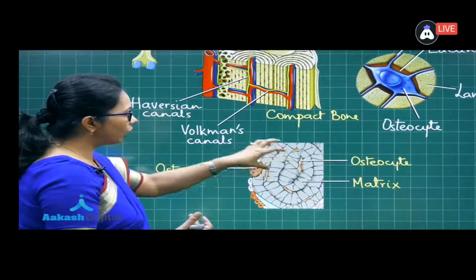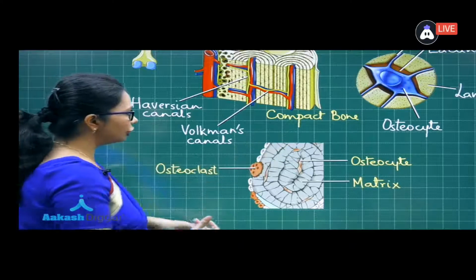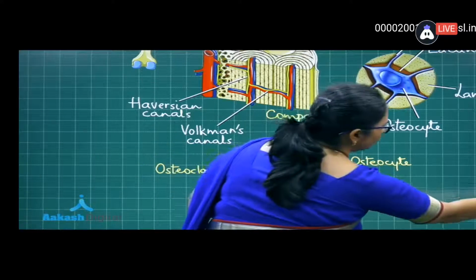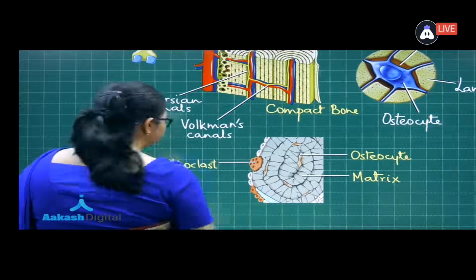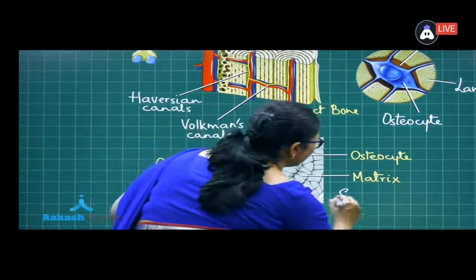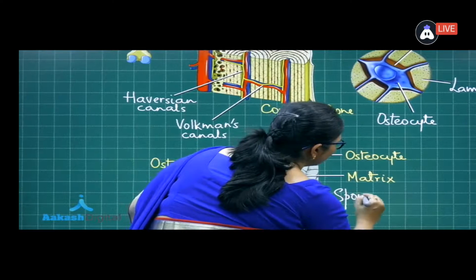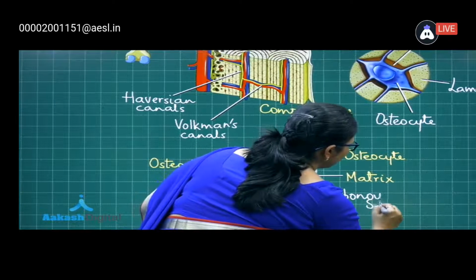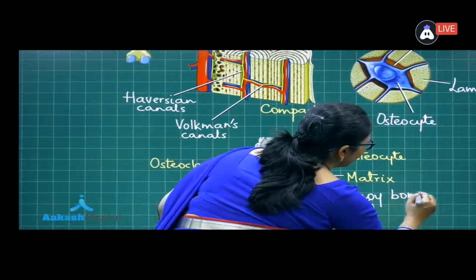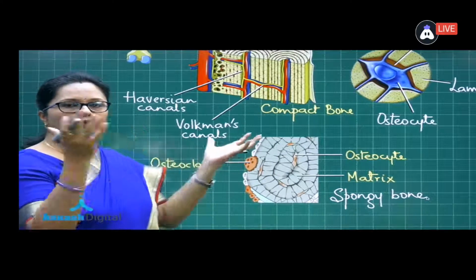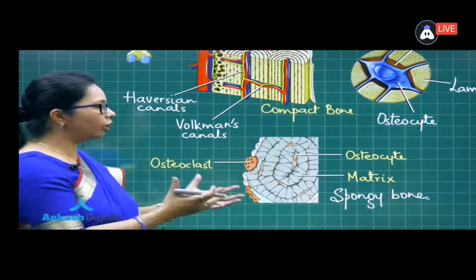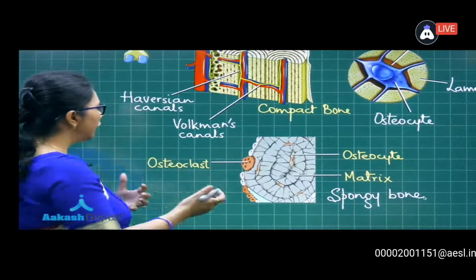Now this bone arrangement where there is no Haversian system is the spongy bone, and this spongy bone is also called trabecular bone, because here the entire bone is in the form of a number of small beams, and the word trabeculae actually means little beams.